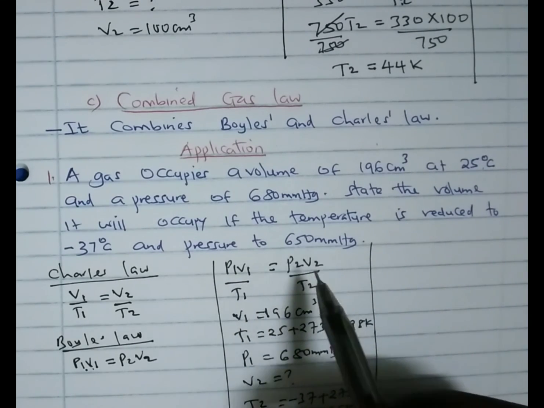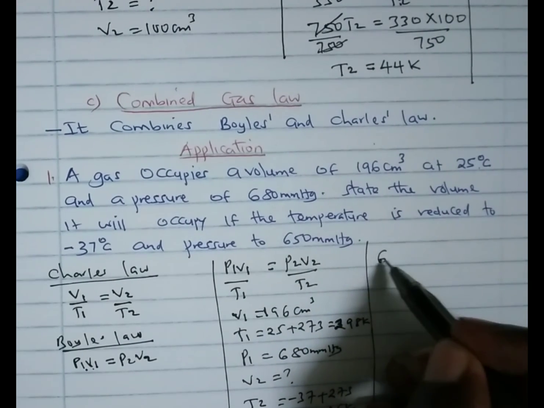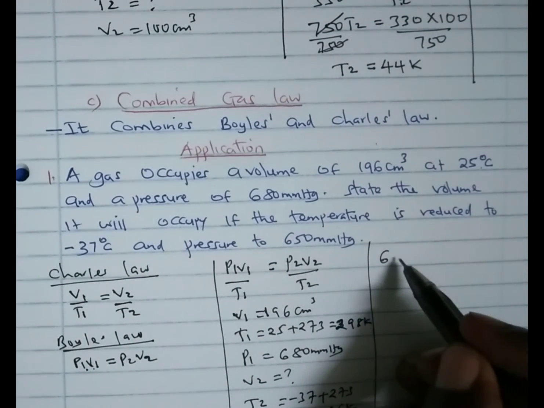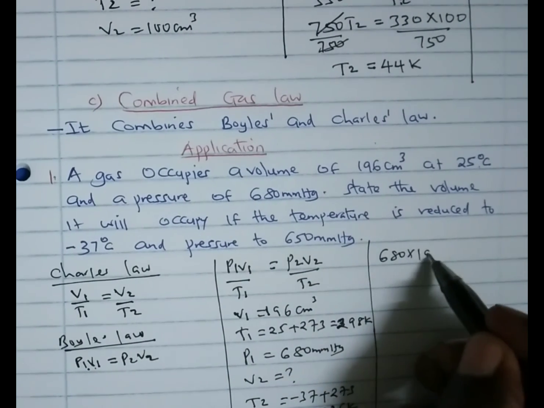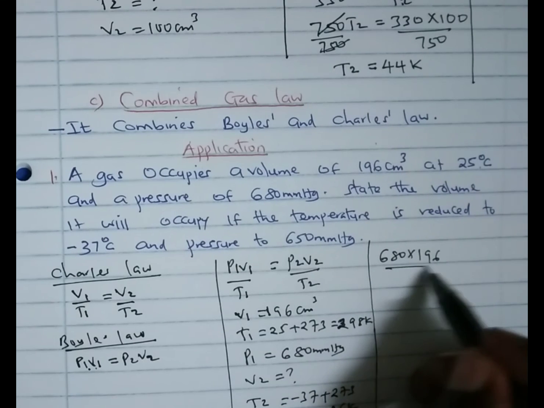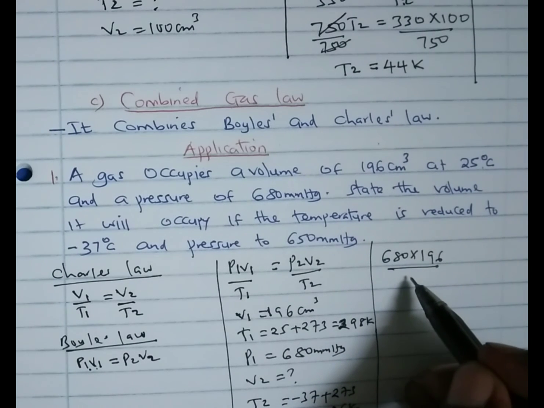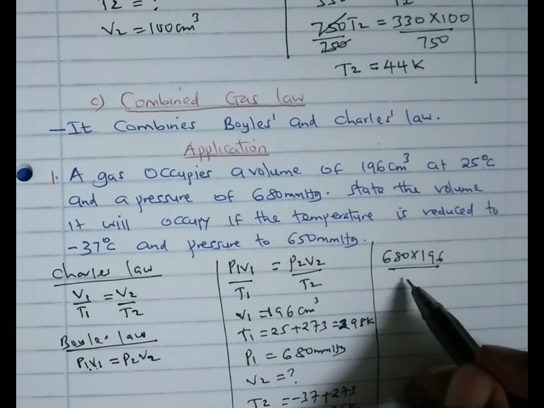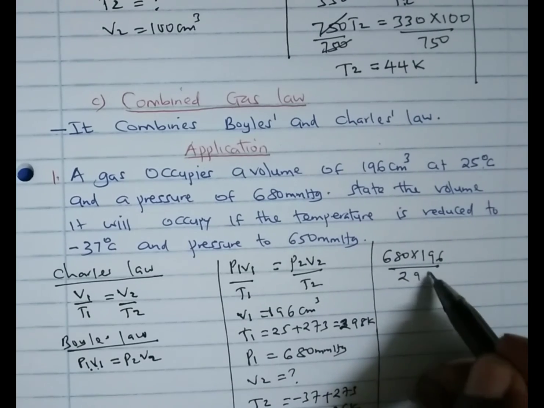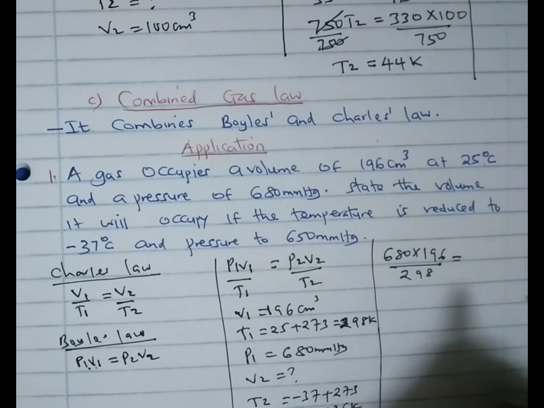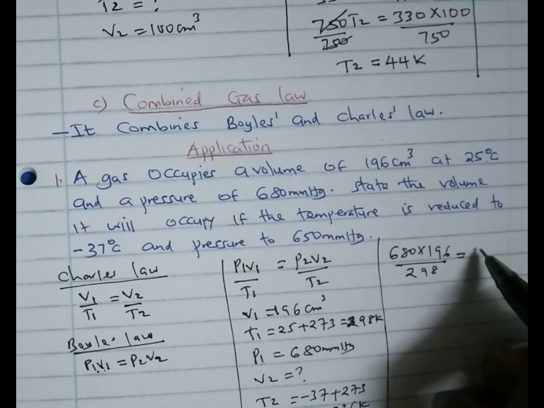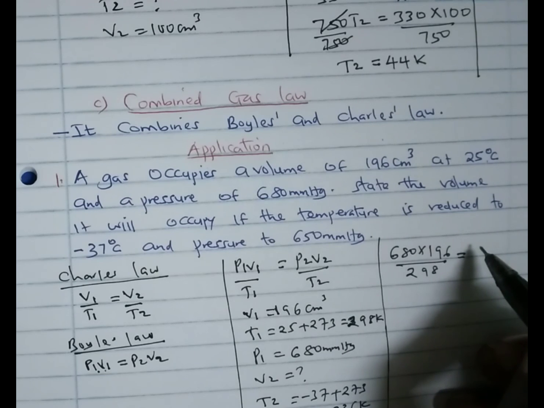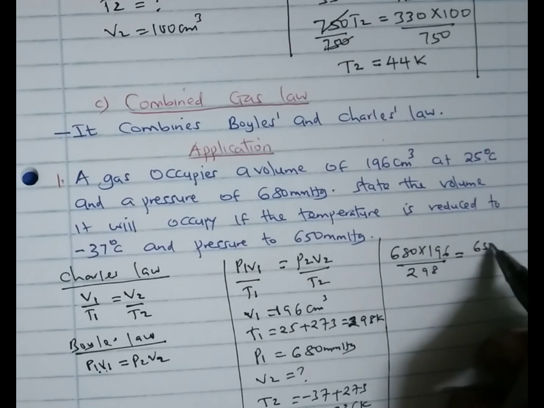Now we go and substitute the variables we have back into the formula. We have pressure 1 of 680. We multiply by volume 1, which is 196. We divide by our temperature 1, which is 298, and this one will be equal to pressure 2, and our pressure 2 is 650.